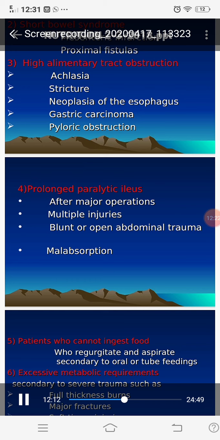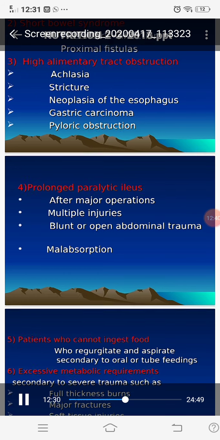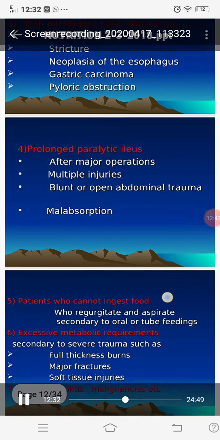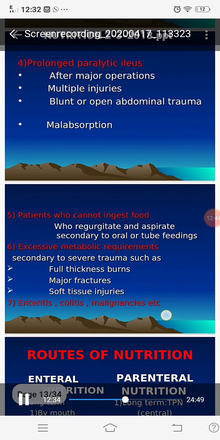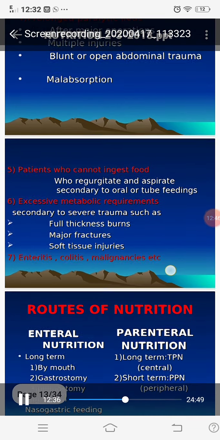Fifth one is a patient who cannot ingest food, who regurgitates and aspirates secondary to oral or tube feedings, or excessive metabolic requirement secondary to severe trauma such as full thickness burns, major fractures, and soft tissue injuries. And seventh is the enteritis, colitis, malignancies, etc.